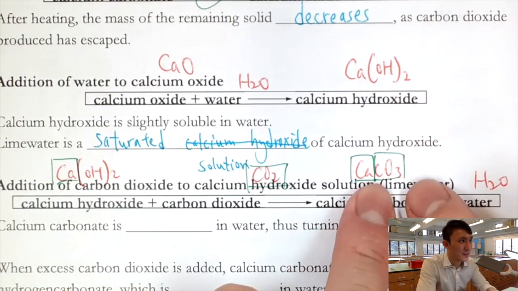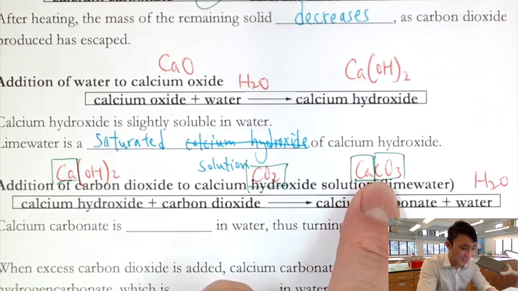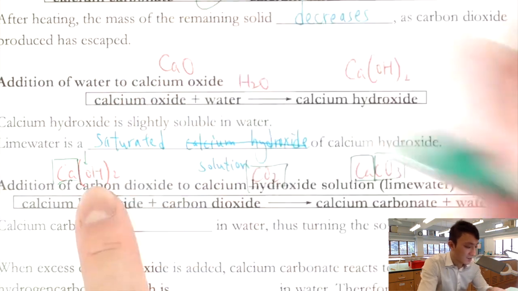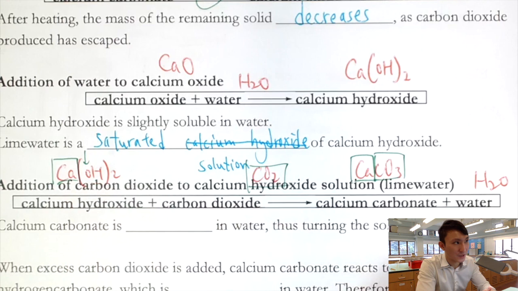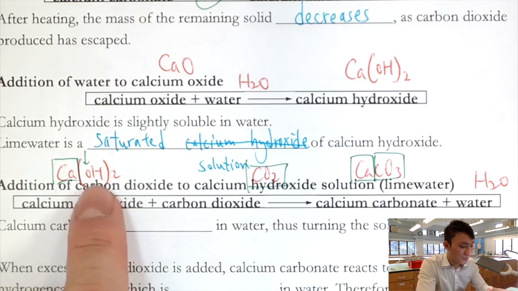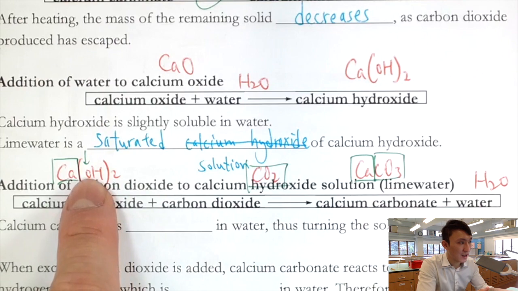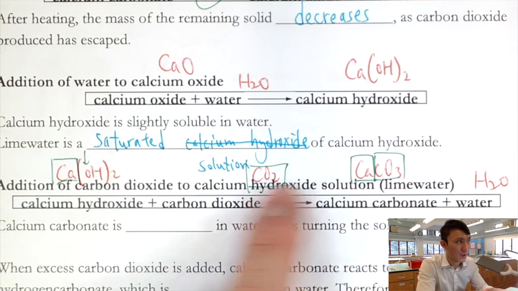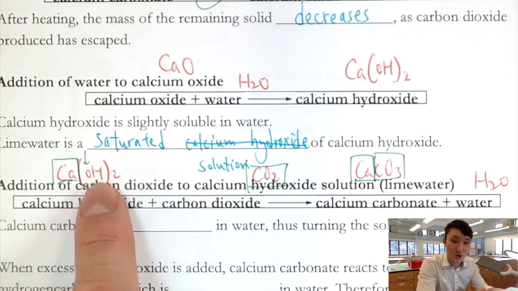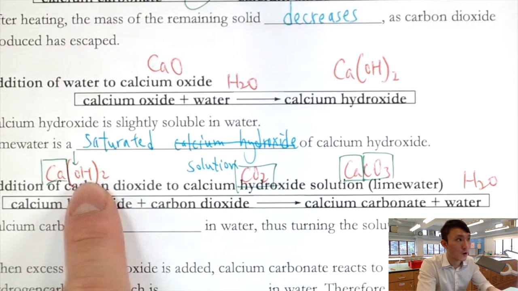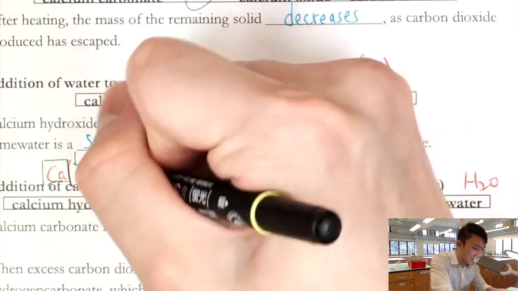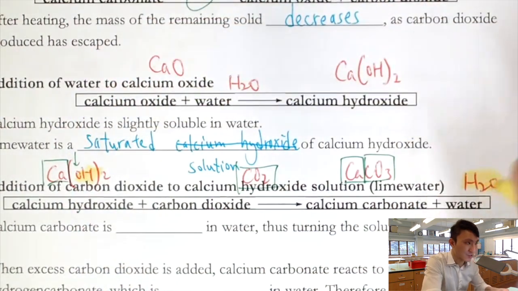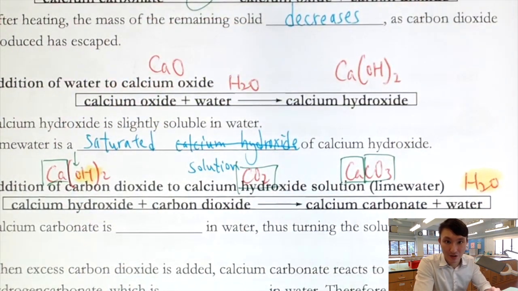But of course, here it misses out an oxygen atom. So perhaps this oxygen can also be contributed to form the calcium carbonate. So here, OH bracket 2, now with one oxygen used to form calcium carbonate, we have one oxygen and two hydrogen left, so we may as well form the water. Sometimes we can understand the reaction in this way. That allows us to memorize the equation better.